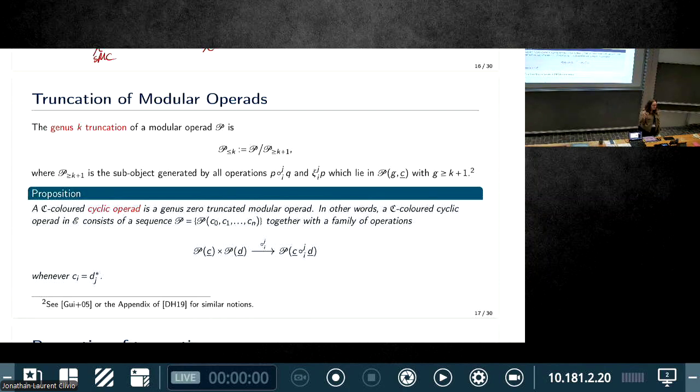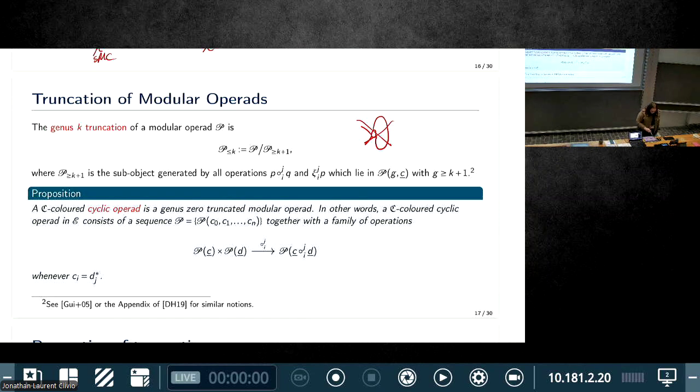So what gets killed when I kill off all the higher genus operations? All the contractions disappear, right? So we don't have any of these genus 1 graphs. This dies, right? And all my vertices will have genus 0 as well. So I'll just now have simply connected graphs, trees, unrooted trees will be the graphs living in cyclic operads.